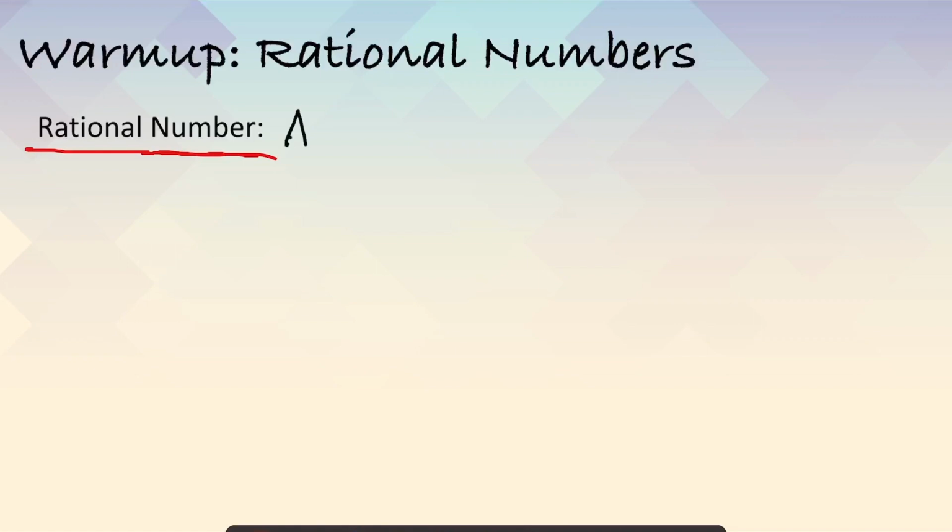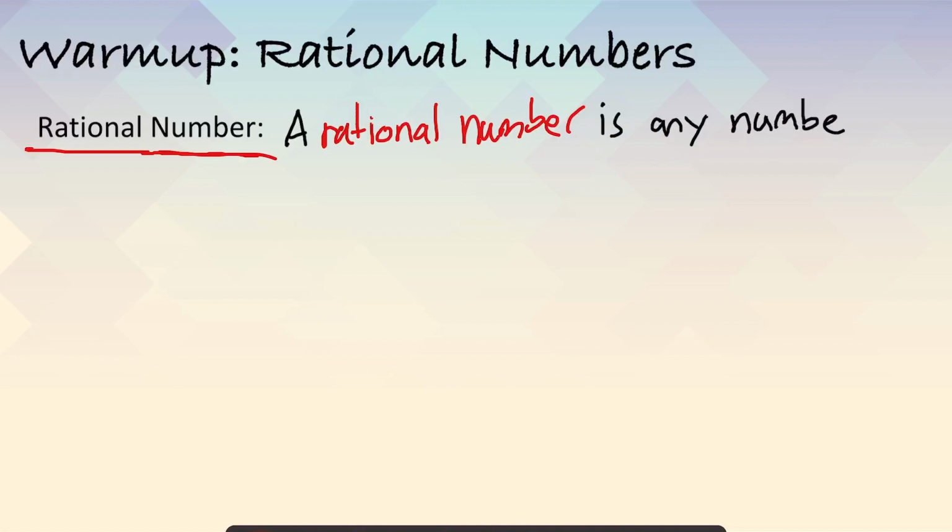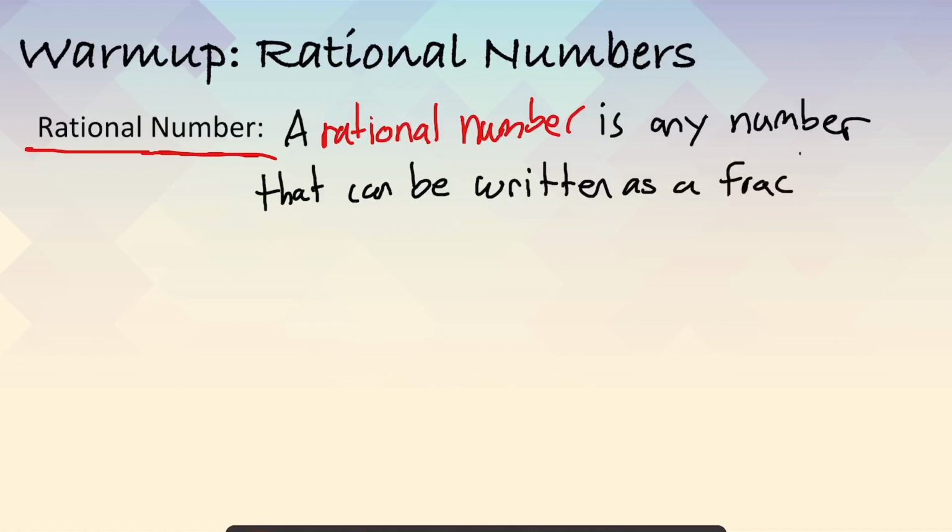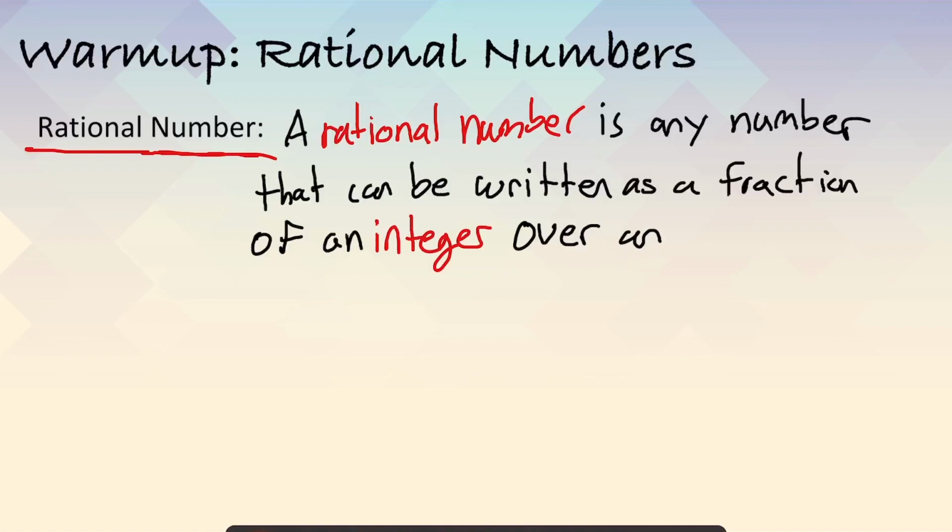So it says a rational number is any number that can be written as a fraction of an integer, remember those guys, over an integer.